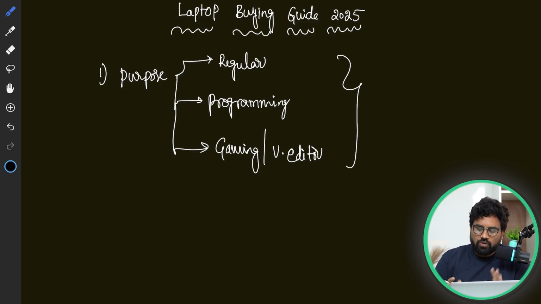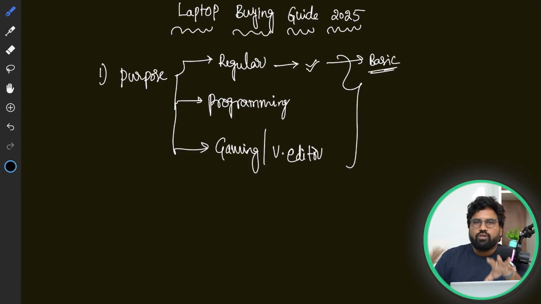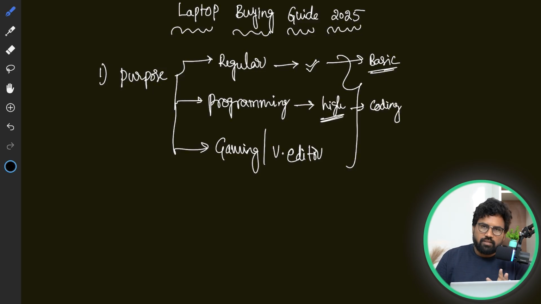For example, regular use means things like your studies, watching tutorials, or document work; everything regular comes under this. Here you will also do basic coding, using very lightweight software. When it comes to programming-oriented laptops, you need somewhat higher specifications, where you will use heavier software for your coding or to build projects.